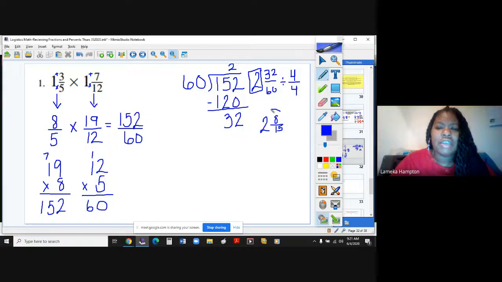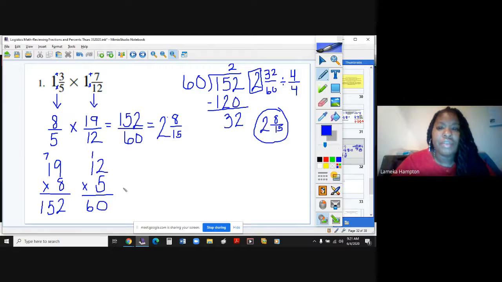So this is my final answer when I convert my improper fraction to a mixed fraction. Okay, so that is my final answer for that.